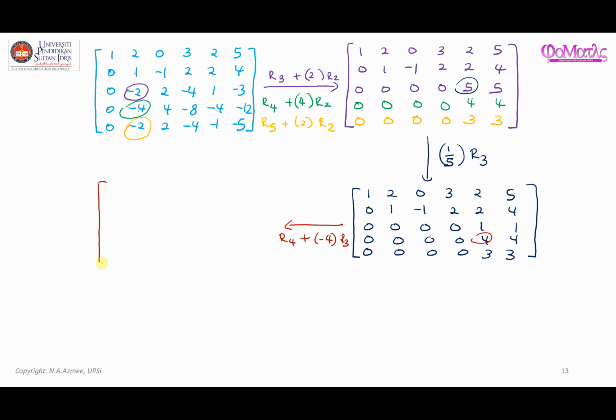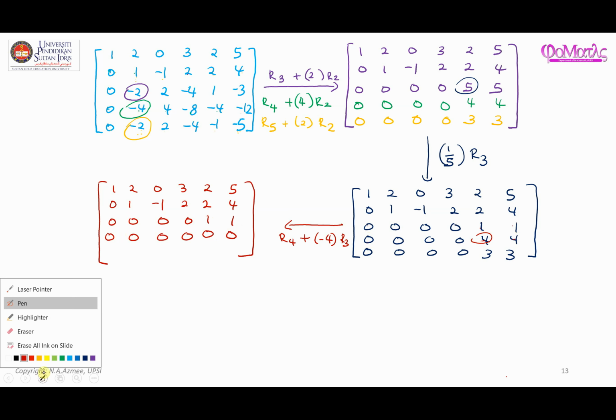So the result that we will have is 1, 2, 0, 3, 2, 5, 0, 1, -1, 2, 2, 4, 0, 0, 0, 0, 1, and 1. So here it will be 0 plus 0, 0, 0, 0, 0. So 4 minus 4 is 0. 4 minus 4 is also 0.